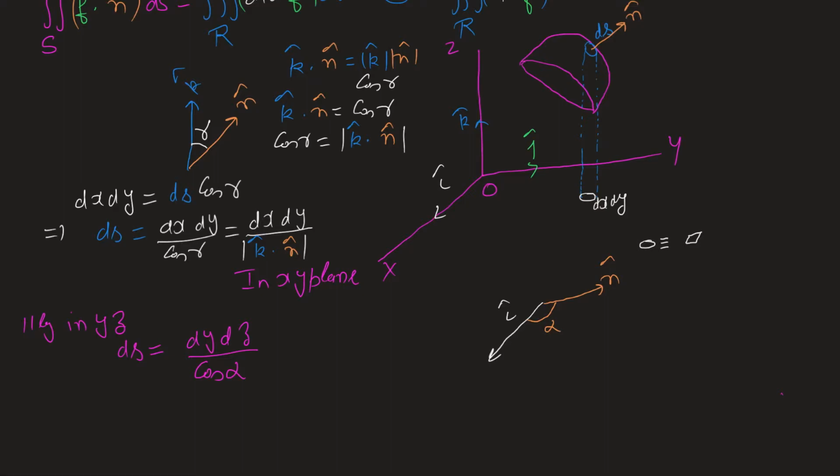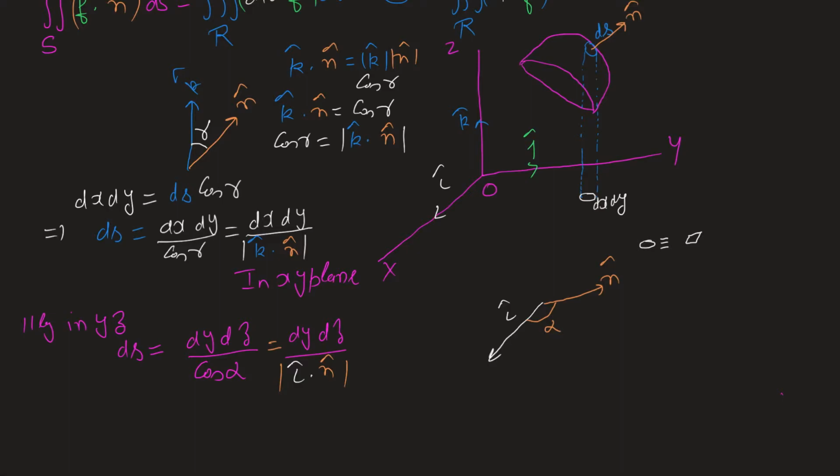So this will be dy dz divided by the mod of i cap dot n cap, where i cap is normal to the zy plane. Its mod means it will be taken positive. So this is the projection in the yz plane.